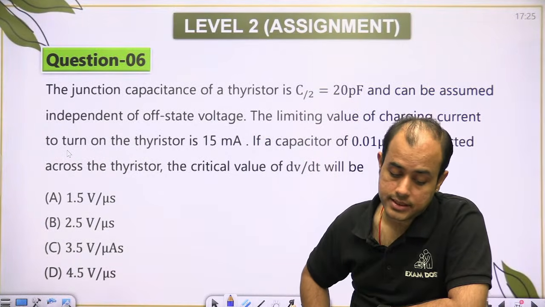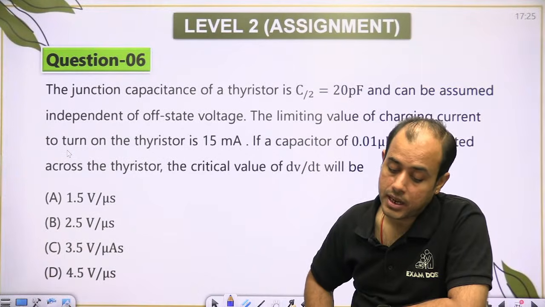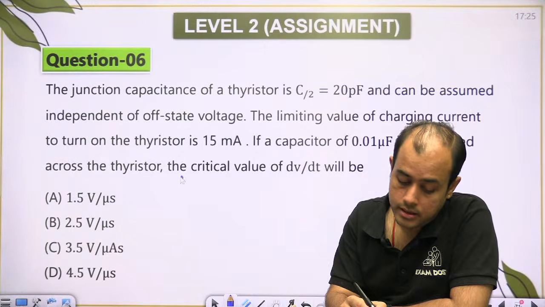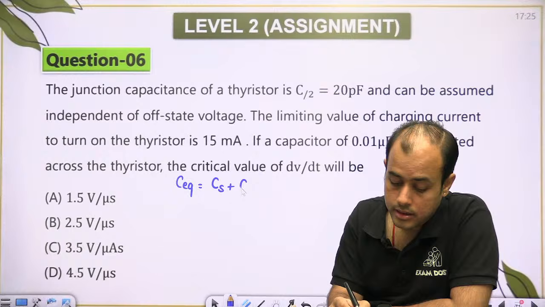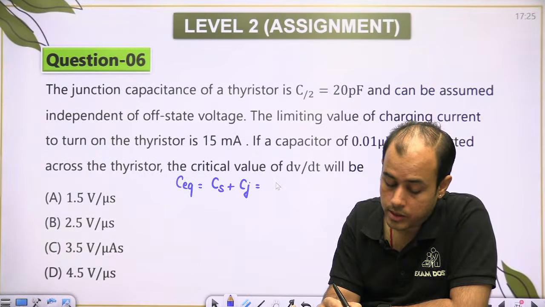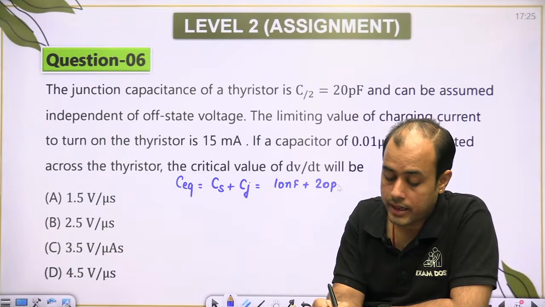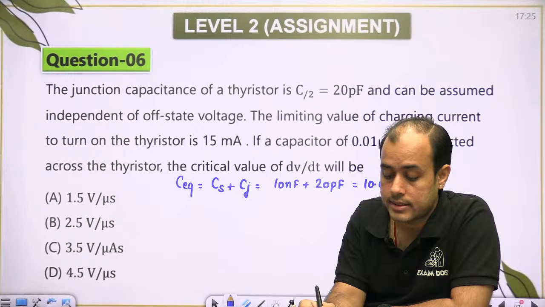Junction capacitance is given. Limiting value of charging current is given. If a capacitor of 0.01 microfarad is connected, now when you are connecting a capacitor, the equivalent capacitance will be 10 nanofarad plus 20 picofarad. 0.01 microfarad, na, it is 10 nanofarad.